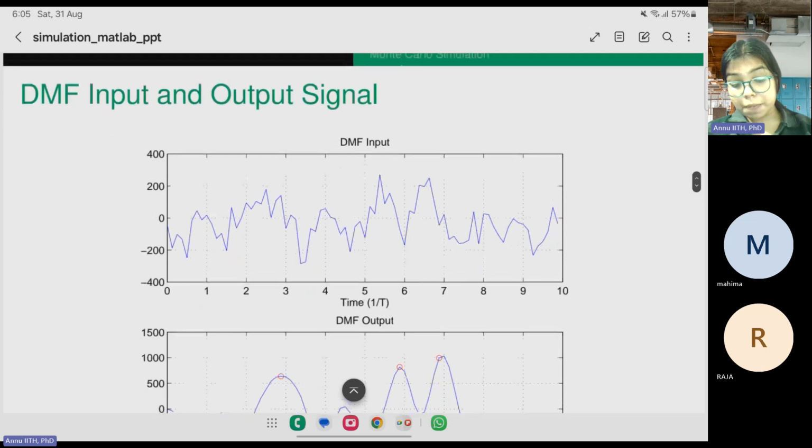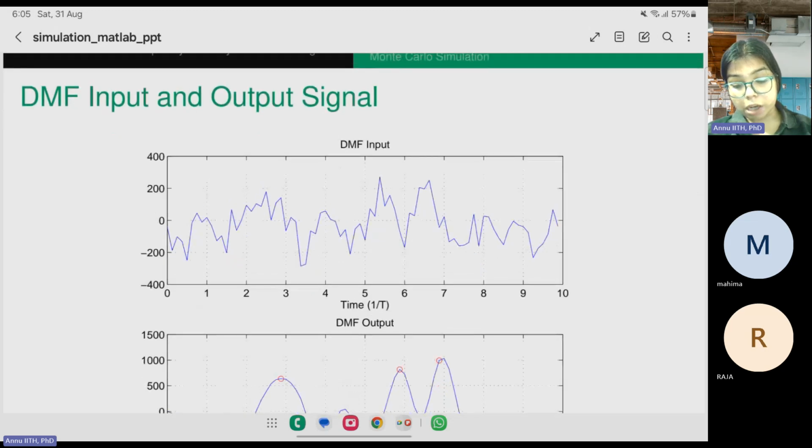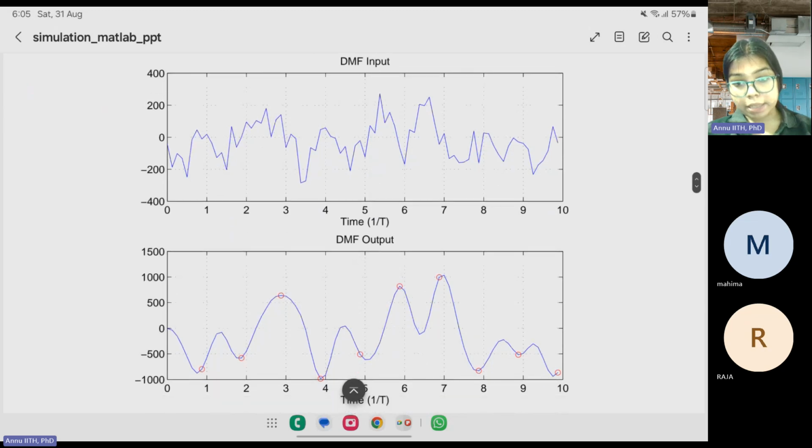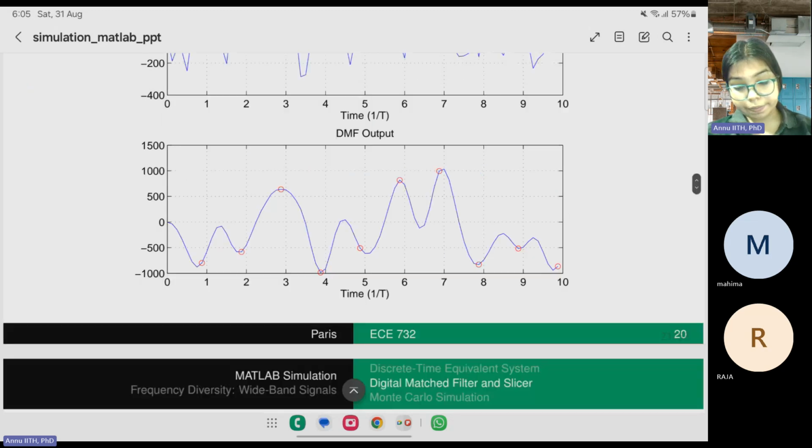If you see the digital matched filter input and output, you can see very clearly how the noise is removed and how smooth the signal came out. Here we can see we have the perfect signal out after the DMF output.